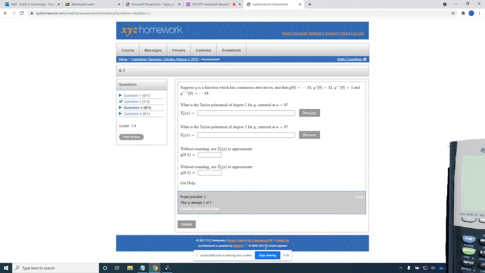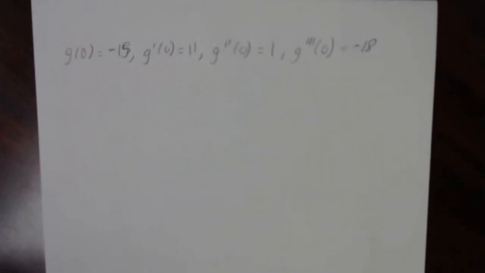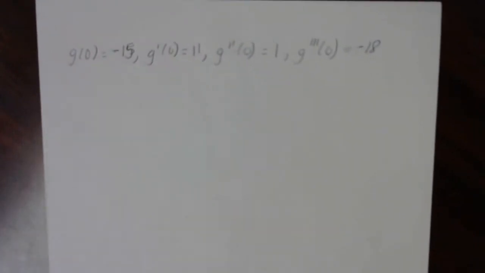All right, so I'm going to go back to the camera. So this is what we have. G of 0 is negative 15. G prime of 0 is 11. G double prime of 0 is 1. G triple prime of 0 is negative 18.